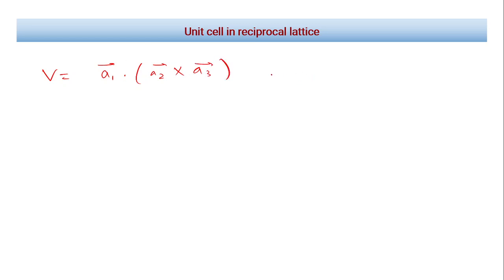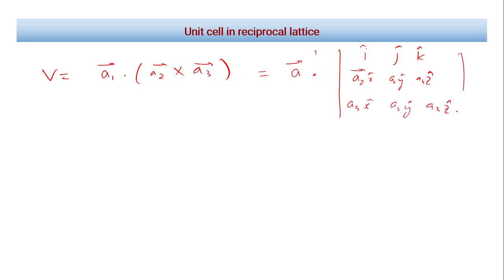That means we know the cross product, A1 dot, and the cross product is taken like this, right? Here it will be A2 x component, A2 y component, A2 z component, A3 x component, A3 y component, and A3 z component. This is how we do, right?